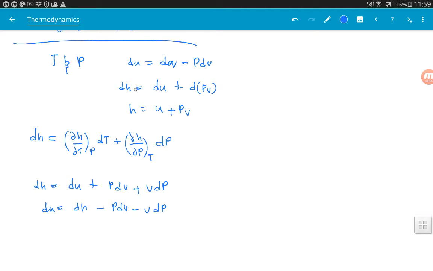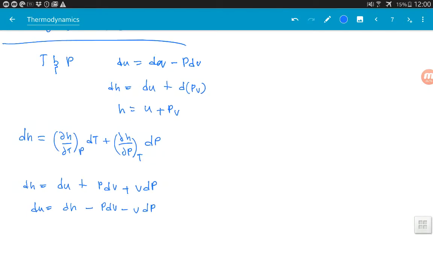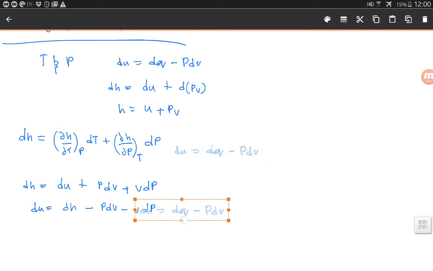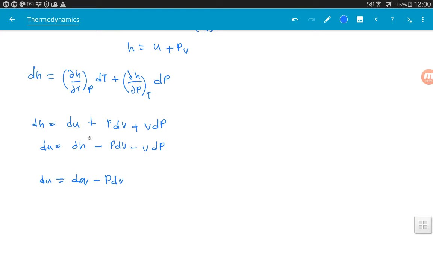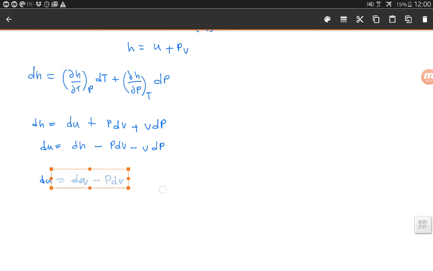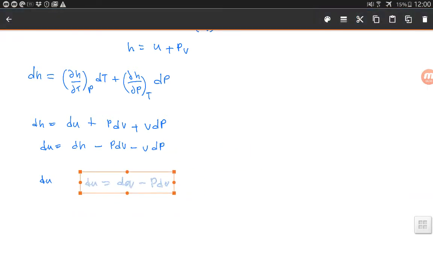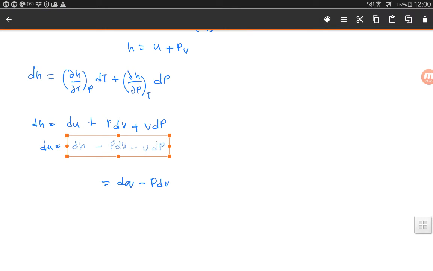Inputting this dU into the first law equation. I just copy this one so it'll be more obvious. Initially we get that relation, so I just put this in and replace this part of the equation. I move this part a bit to that side, remove the dU, and this one will replace the dU that I removed.